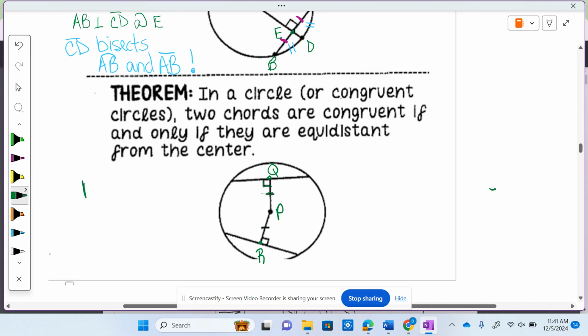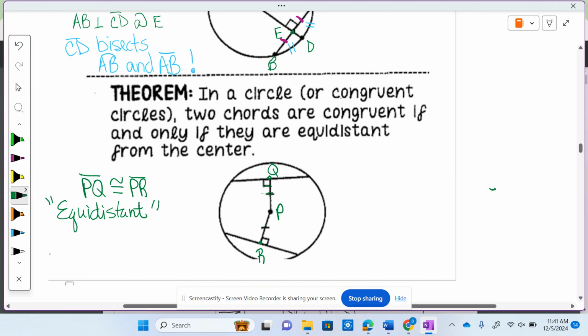So if they're equidistant, that means that PQ is congruent to PR, the segment. So I'm going to write above it equidistant. I'm not going to write above it because I can't fit it in there. I'll write below it. That's what equidistant means. Those perpendiculars are the same distance.